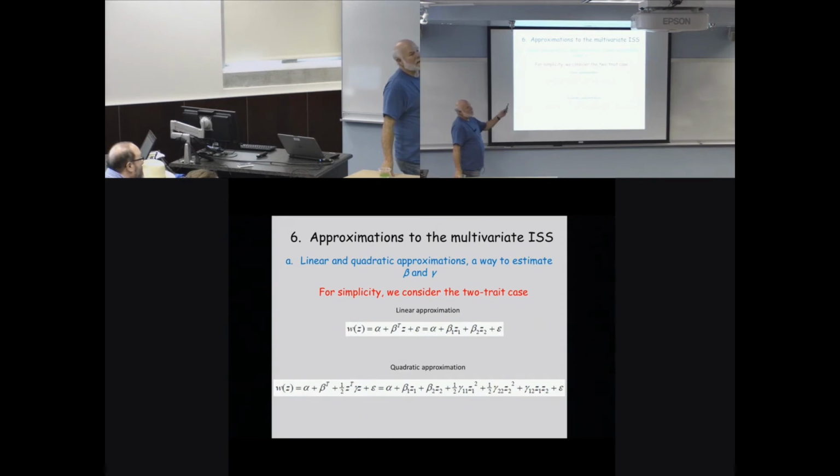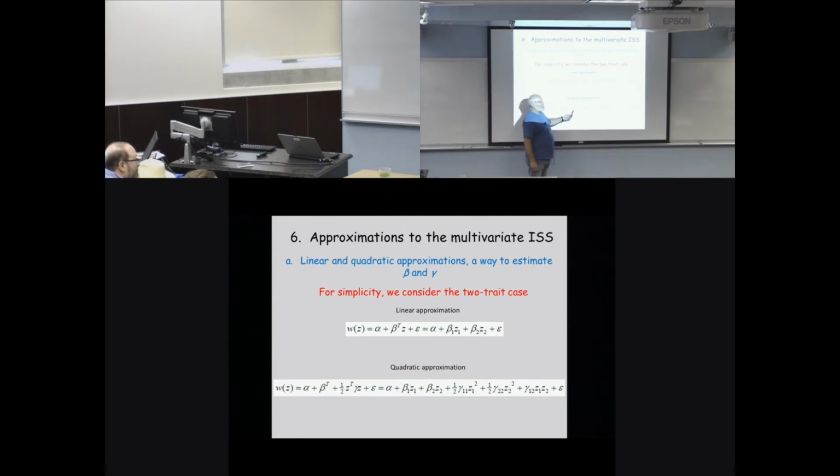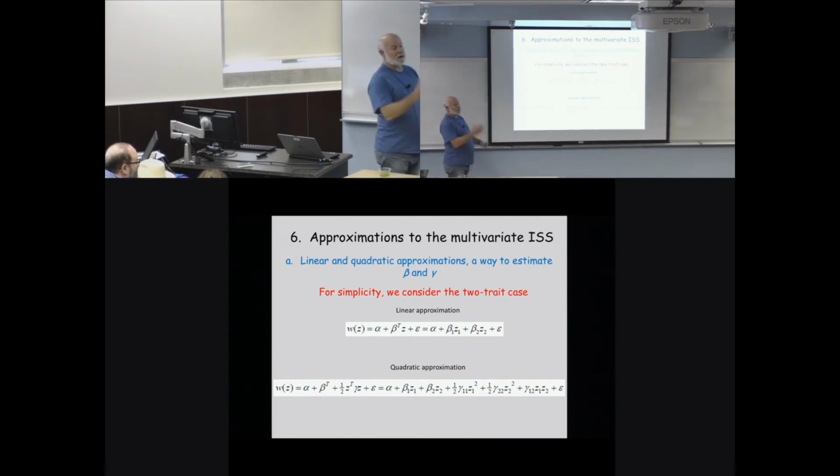This is the same beta that we were using in the last lecture. This is the same beta that is estimated as P inverse S. So let me say it: these are partial regression coefficients. So in that sense, they correct for the correlation among characters that are included in the estimation.